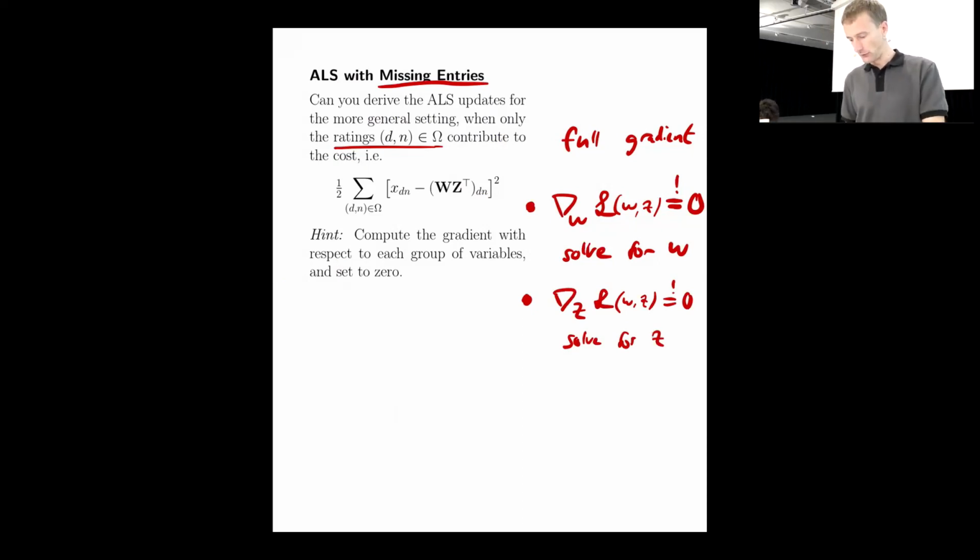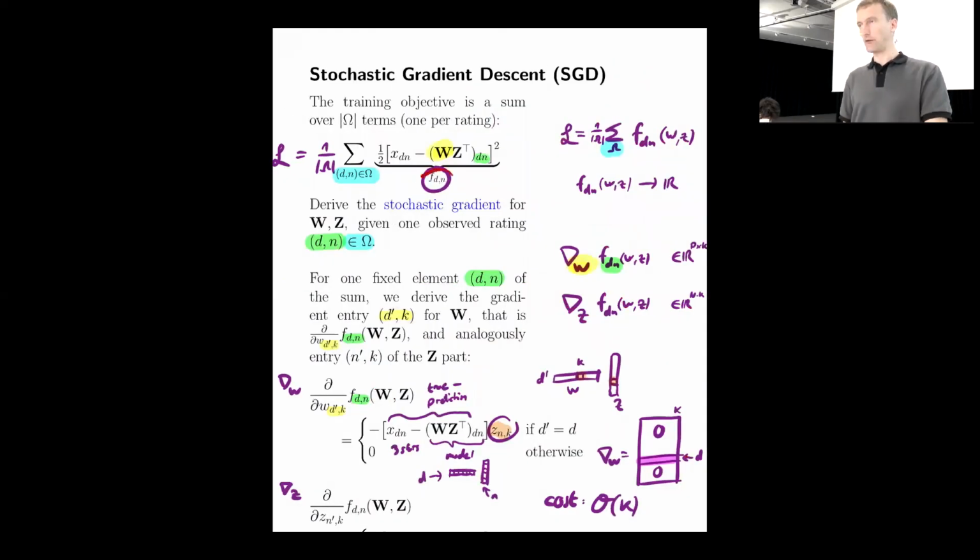And how do you compute them? As we said, you use the nice thing that L is just a sum over all the observed entries, right? T and N are in omega, they're observed. So the training set of this, I think we call them F_DN, right?